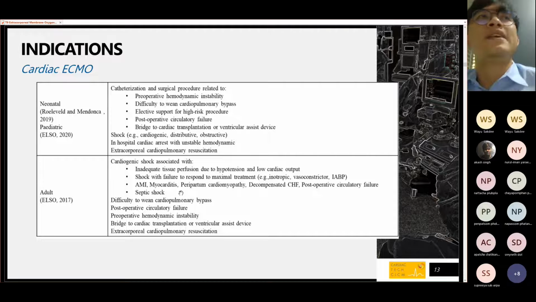Okay, move on to the cardiac Ecmo. The cardiac Ecmo, I separate into two types, like neonate and pediatric, and also the adult.